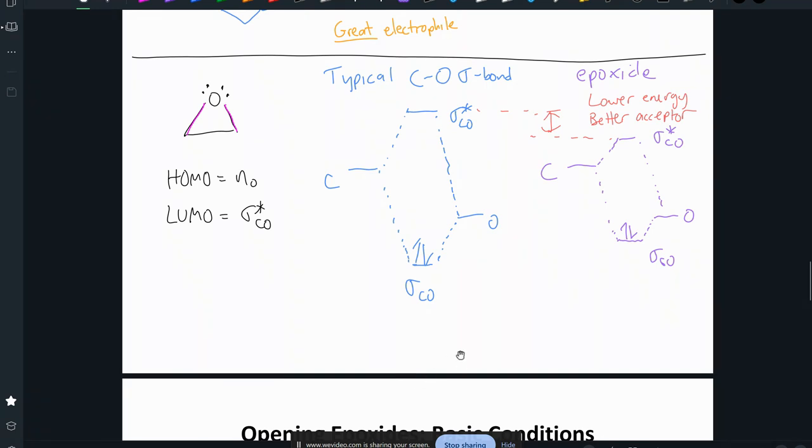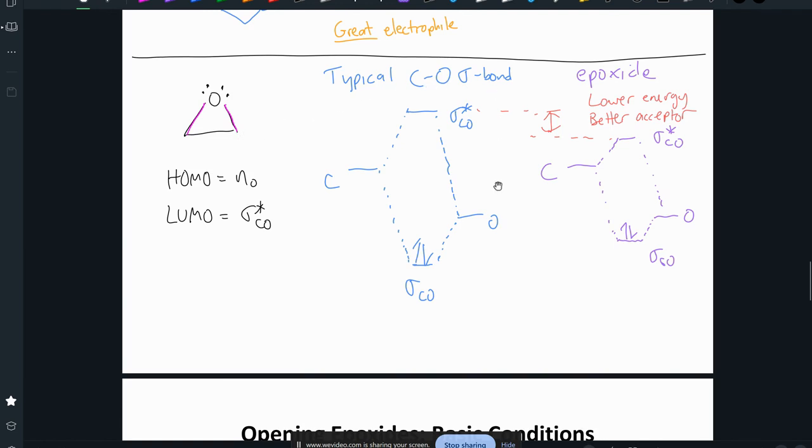But in an epoxide, we have ring strain. Because the sp3 hybrid orbitals are 109 degrees apart, but our bonds are only 60 degrees apart, these orbitals don't overlap as well as they normally do to make a sigma bond.